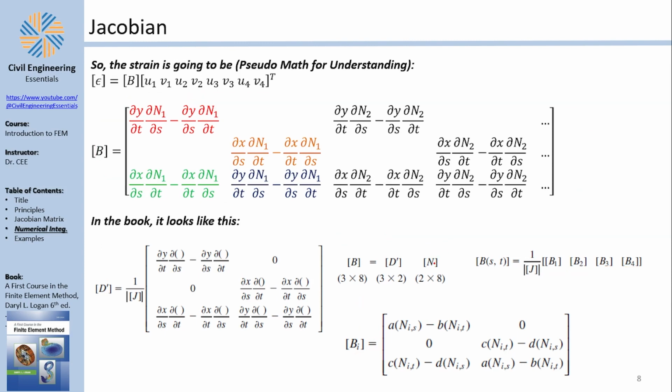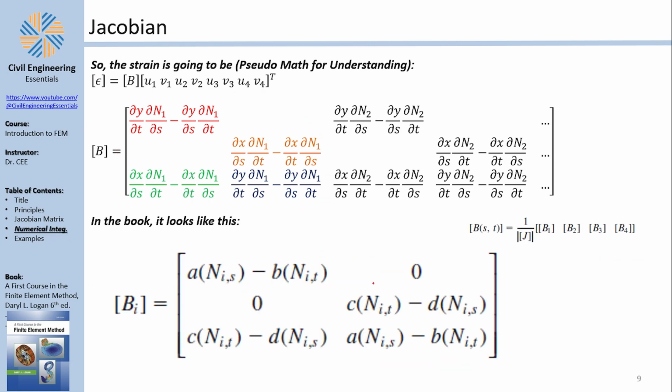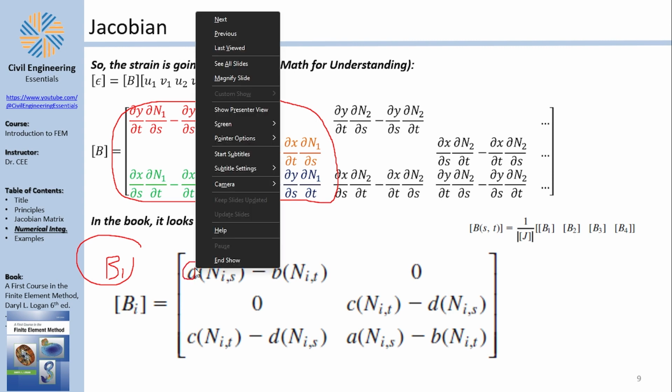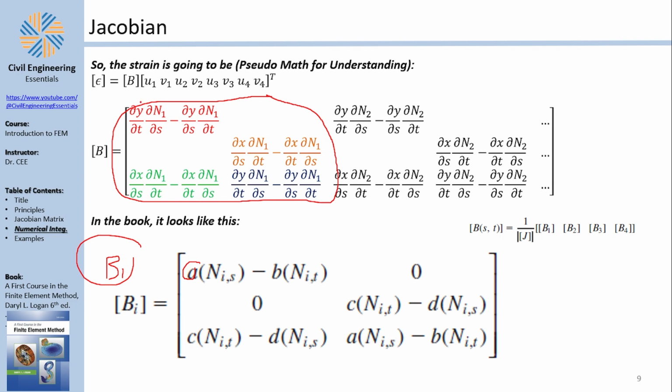Now, I just want to take a minute from you and try to explain to you how this, for N1, translates into this. So let's take a look at that. I am convinced that B1 is going to translate to the color code here. Well, what do we know? Let's check that out. First of all, there is an A here, which is what I think corresponds to this.